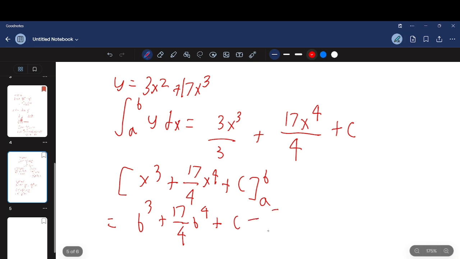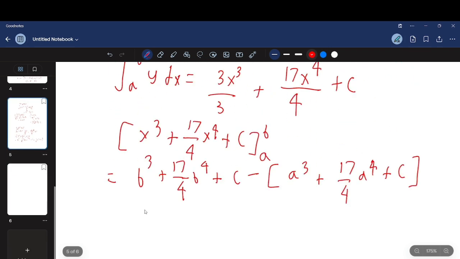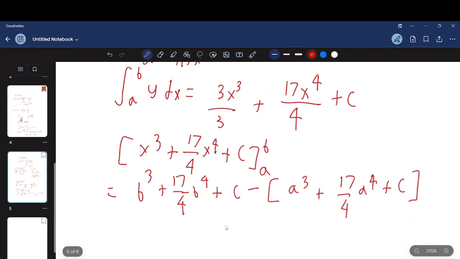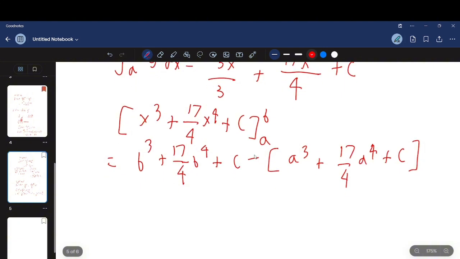Then we subtract the same equation, but instead we substitute a, that is a cubed plus 17 by 4, a to the power 4 plus c. So if you see, the c gets cancelled out. This minus interacts with this plus to become a minus c. Then plus c minus c, the c gets cancelled out. Thus, there is no need to add a c when you are integrating with limits.